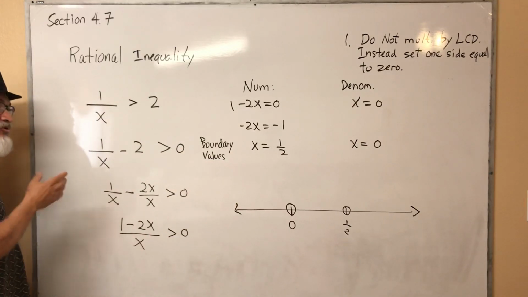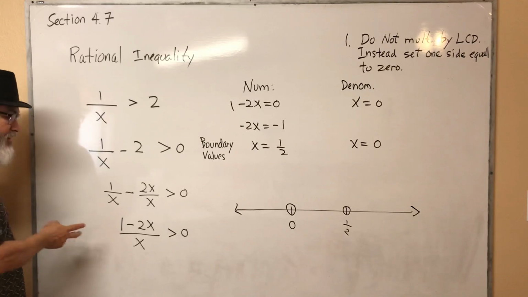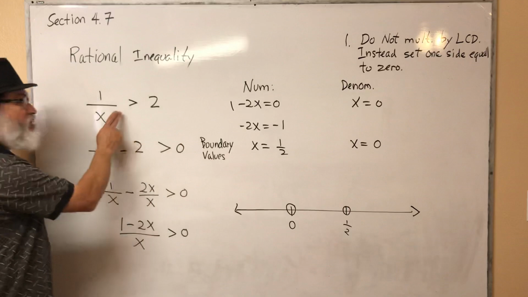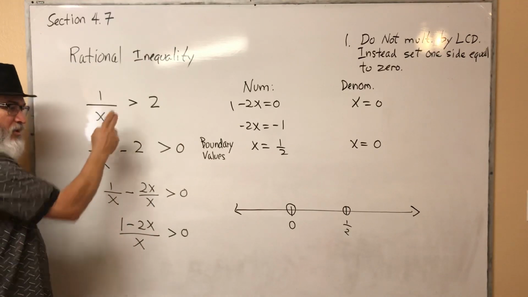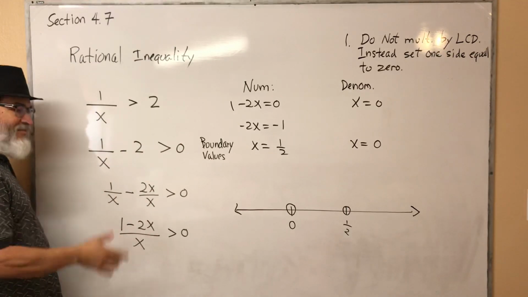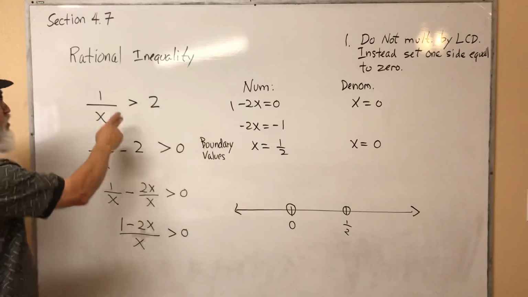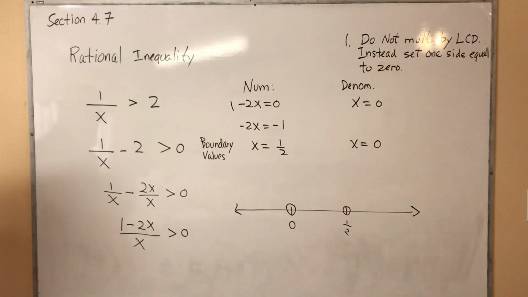If you get a true statement, that means this region is a solution to the original problem. If you get a false statement, that means this region is not a solution to the original problem.